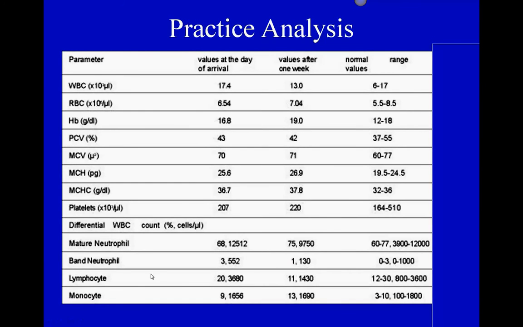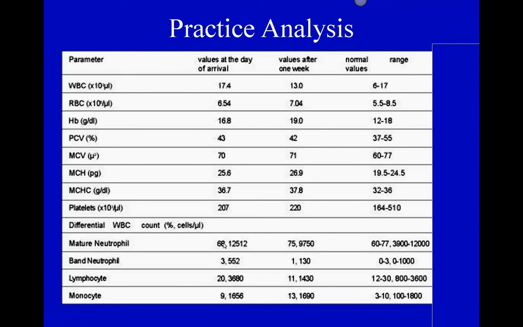The lymphocyte count, again, we're getting the percentage in front, and they're telling us the normal percentage is 12 to 30%. This one was in its normal range. Again, we've got a slight increase in the number of cells. There are people who will say when you're given the option of looking at the percents on the differential or looking at the actual numbers, choose to look at the numbers, and this may be an explanation of why.